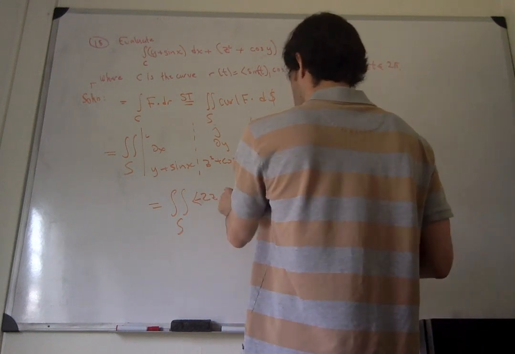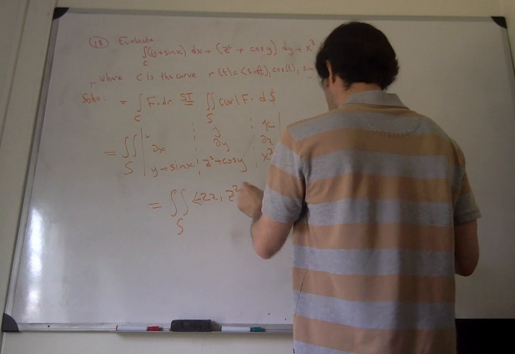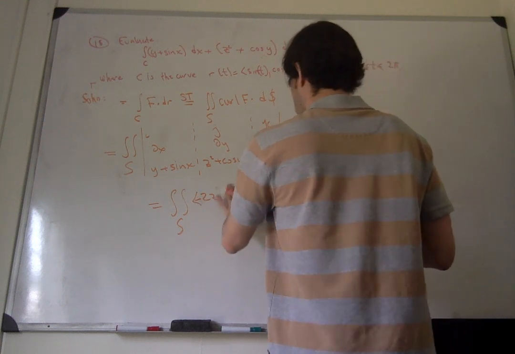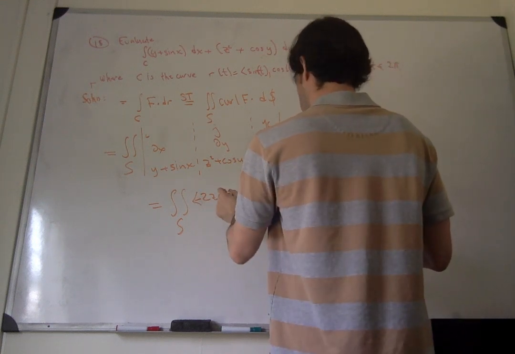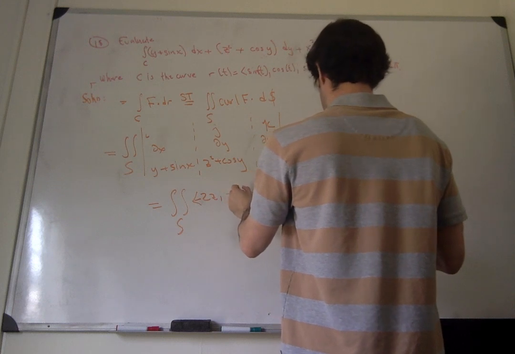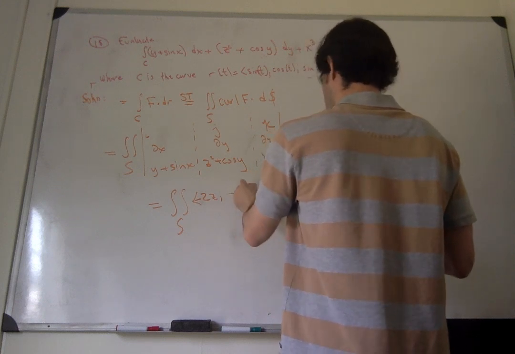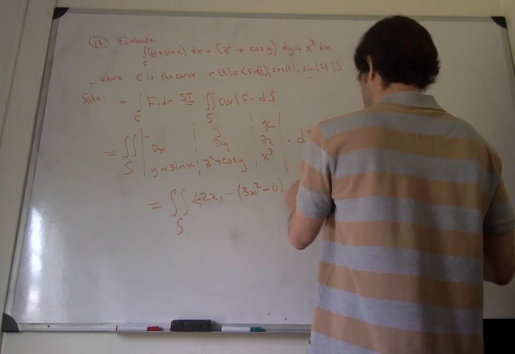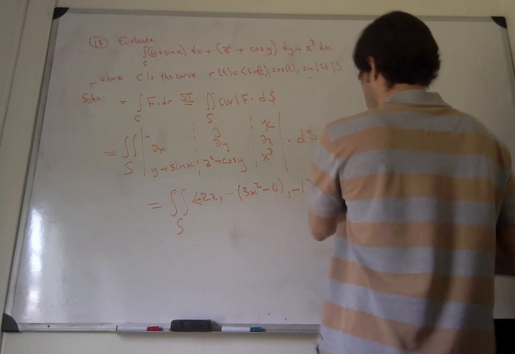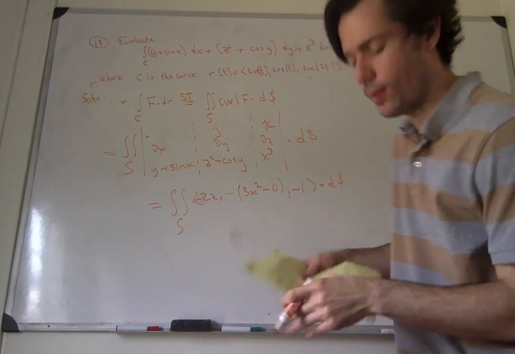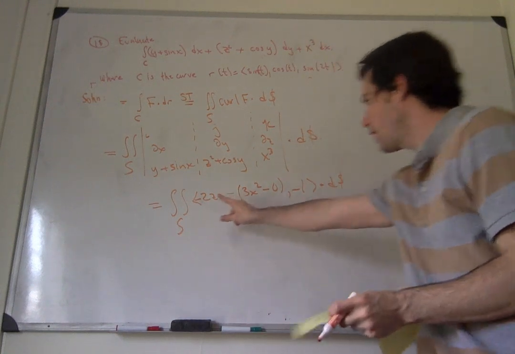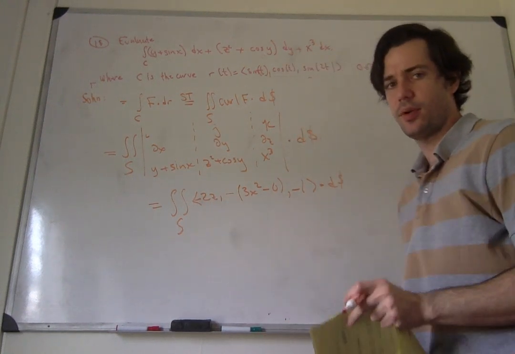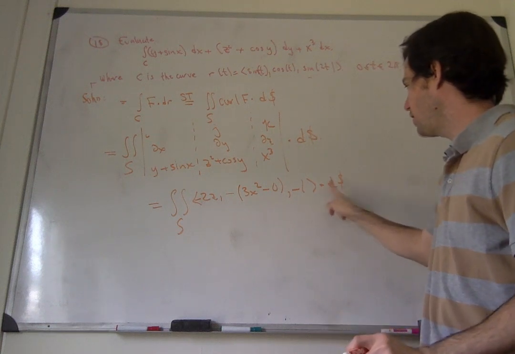And if I just keep going, I get, let's see, negative 3x squared minus 0 and minus 1. Okay, dot dS. Okay, so it's okay for us to have a z still at this point because I still have the dot dS.